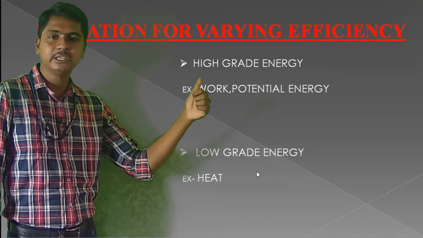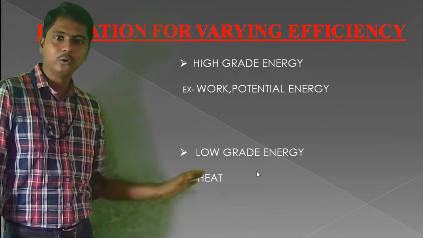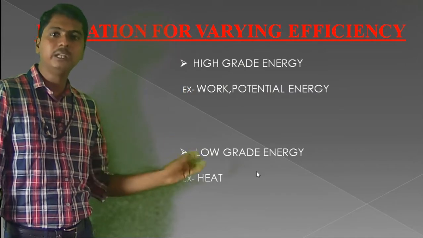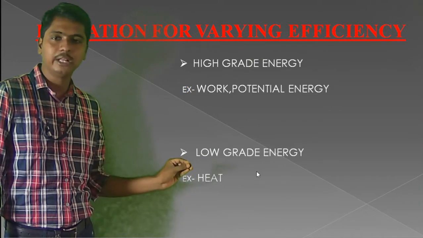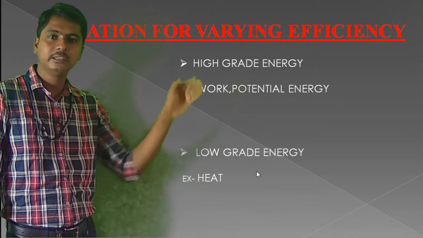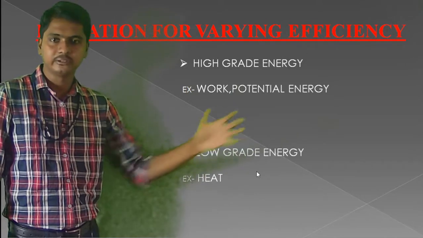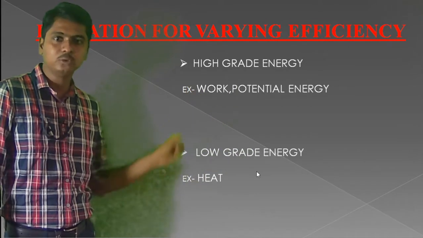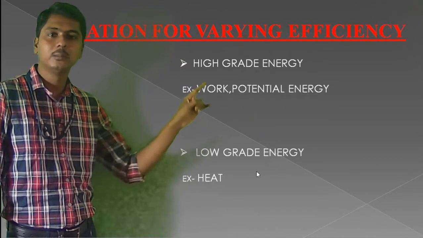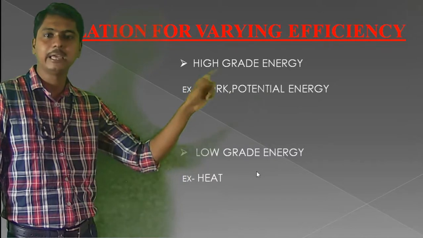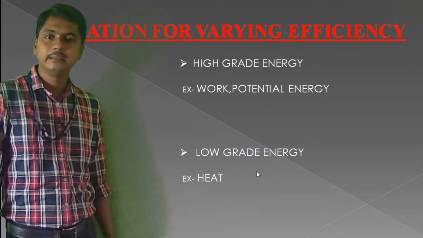This high grade energy can be completely converted to low grade energy, but low grade energy cannot be completely converted into high grade energy. Some part of low grade energy will be converted to high grade energy, and some other part will go as a loss. That is what we call high grade energy and low grade energy. Work and potential energy come under high grade energy. Heat comes under low grade energy.